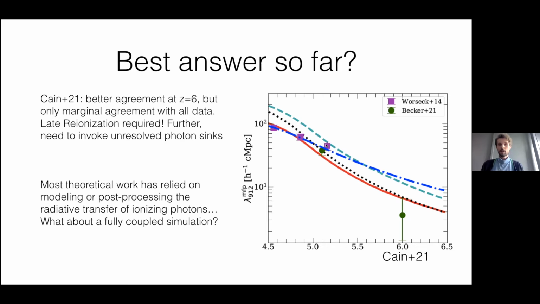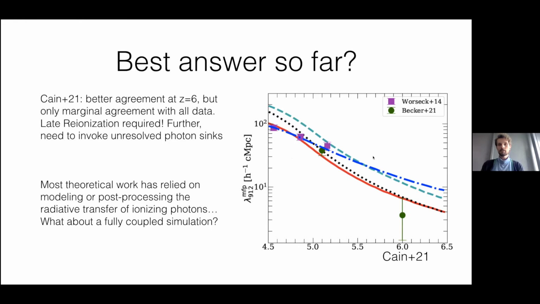Where can we go from this point? Well, it turns out that all of the theoretical works that I've showed you so far have attempted to address this problem using simulations where radiative transfer was not fully coupled to the hydrodynamics and star formation of the cosmological simulation.